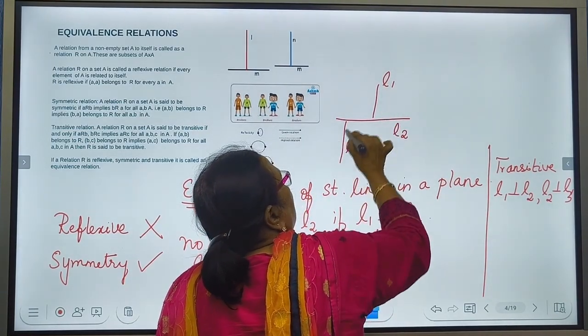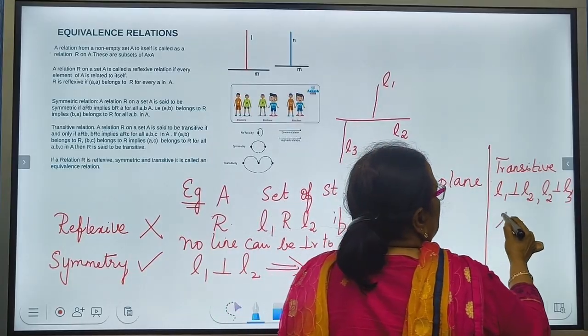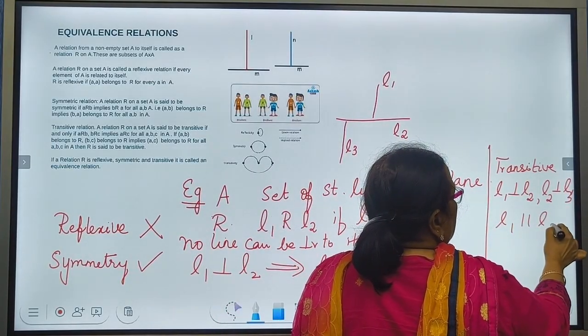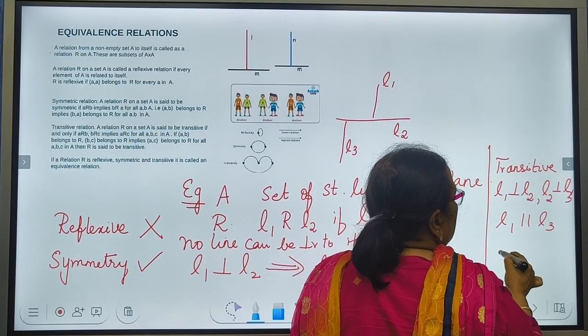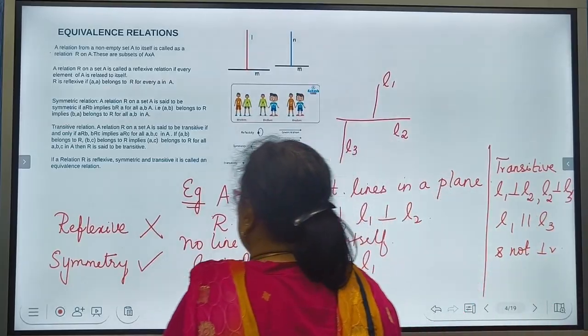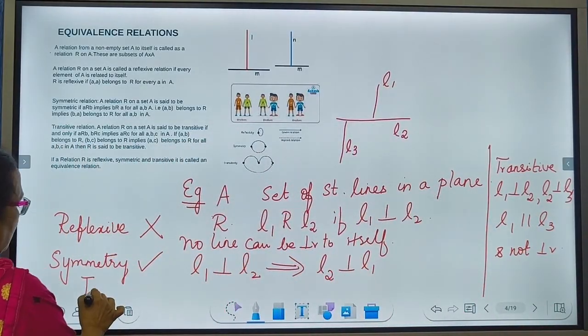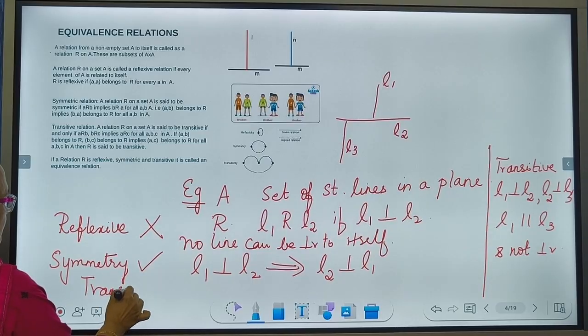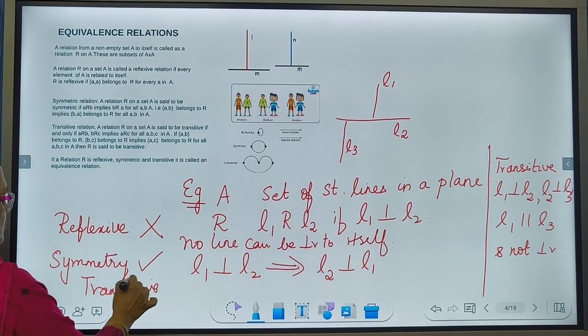Then what can you say about L1 and L3? They are parallel. L1 will be parallel to L3 and not perpendicular. Therefore, it is not transitive.